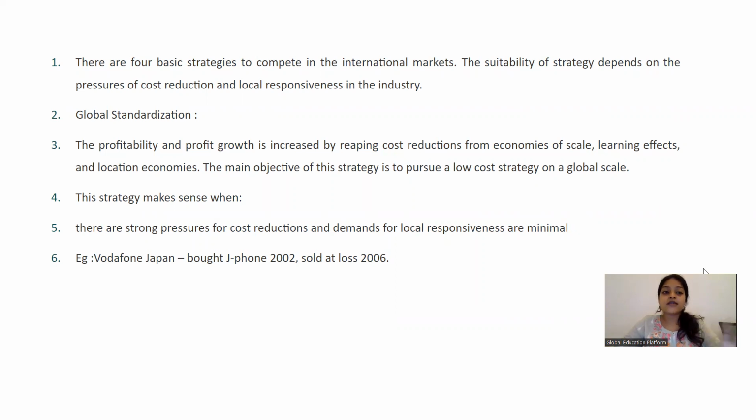There are benefits of economies of scale, learning effects, and location economies. The main objective of this strategy is to pursue a low cost strategy in the context of a global market. This strategy makes sense when there are strong pressures for cost reductions and demands for local responsiveness are minimal.